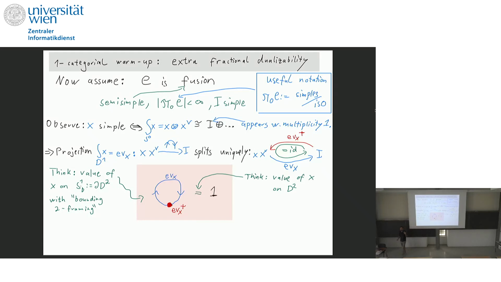That's of course not completely correct, and you can think of this as some sort of extra fractional dualizability, but it's quite useful to think of this equality as being somehow the value of X on the two disk. So the two disk is what trivializes this circle. And this is the value of X on a circle with a framing which is a bounding framing, a framing induced from it bounding the two disk.